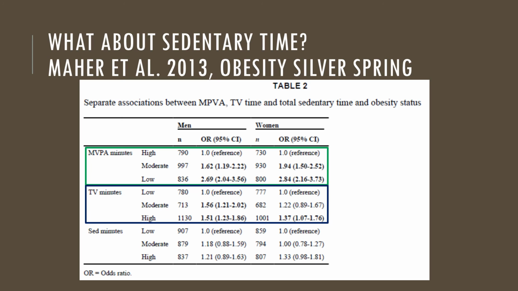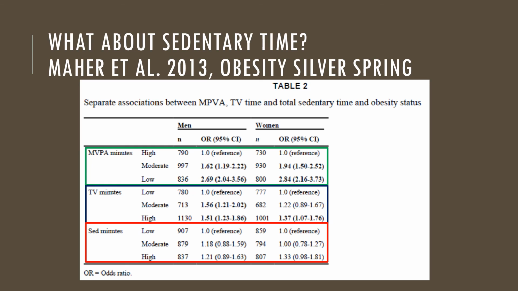Then TV minutes is kind of a proxy for sedentary time, and you can see that there is an increased odds of the more minutes of TV, the higher the risk of obesity, but the odds ratios are in the 1.5 range, so not a huge odds ratio.